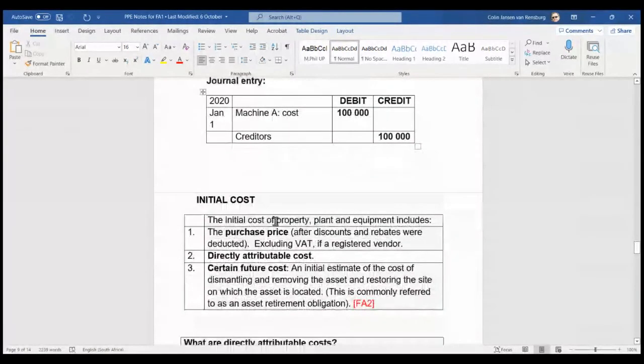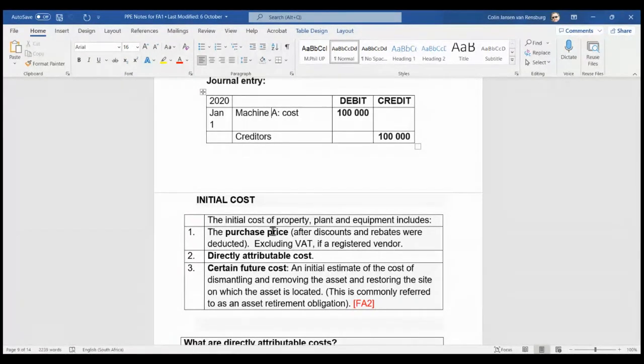Now, ladies and gentlemen, let us talk about the initial cost. We've basically already started the discussion, so let us just continue with that in a more formal fashion now. Right, so the purchase price, ladies and gentlemen, is basically what you pay for it. So what you pay for it will be after you have deducted any discounts or rebates, right? So after taking that into account.